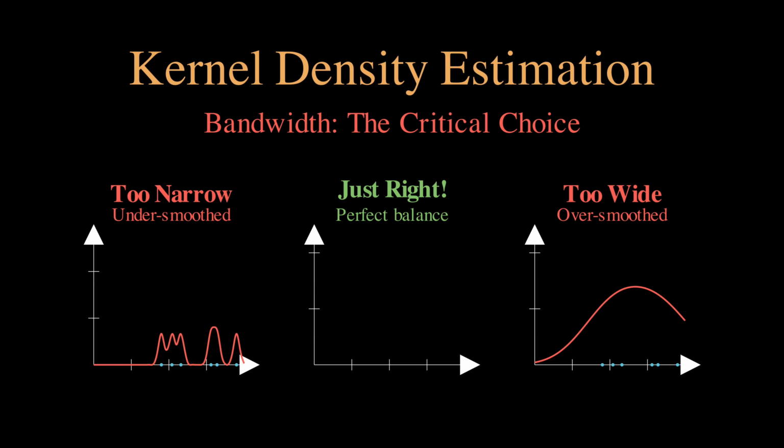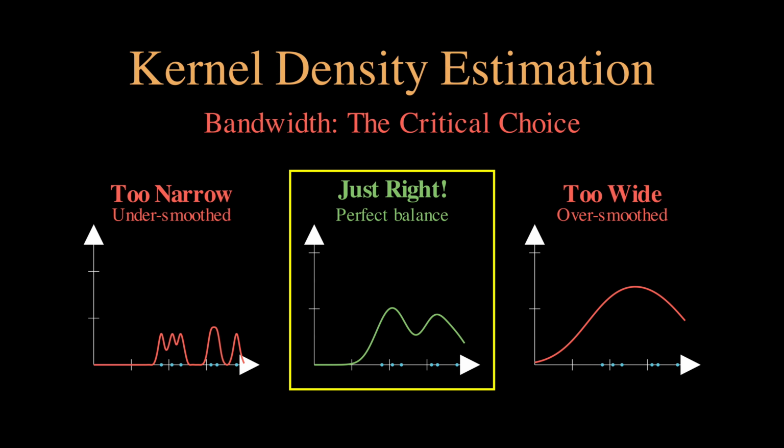In our exam score example, an oversmooth estimate might entirely overlook the fact that there are distinct performance groups and incorrectly suggest that student scores are uniformly distributed across the entire range, which clearly contradicts what our sample shows us. The optimal bandwidth lies in that sweet spot where we capture the main patterns in our data without getting distracted by random noise.